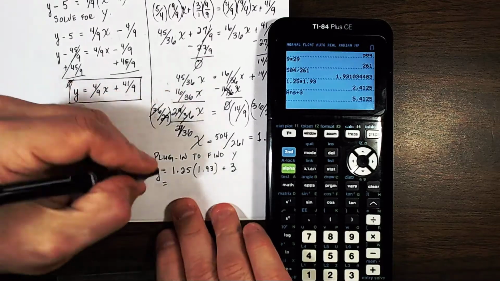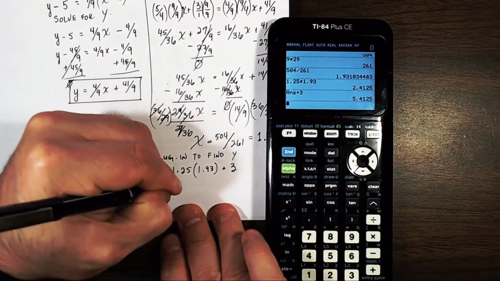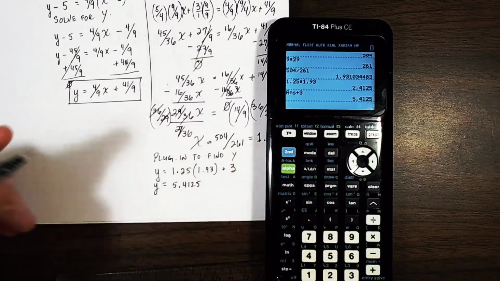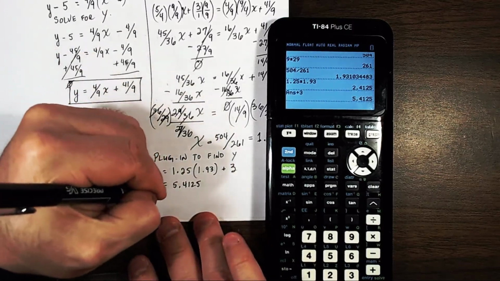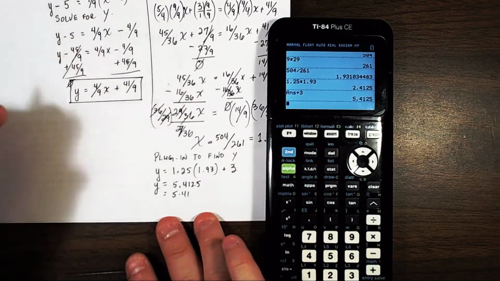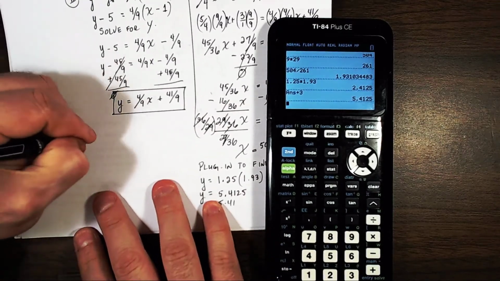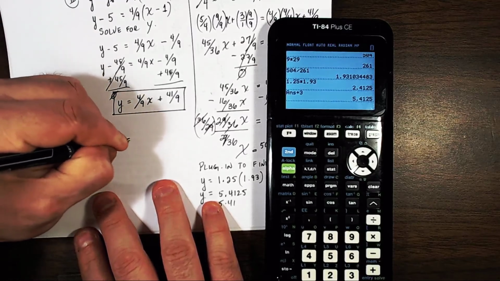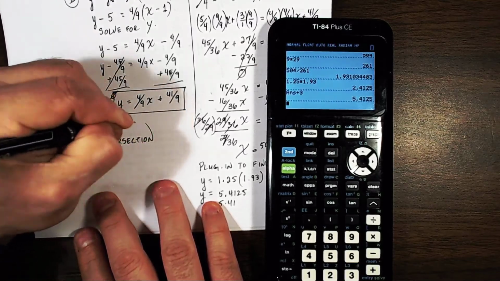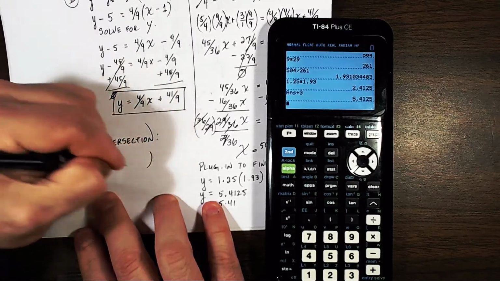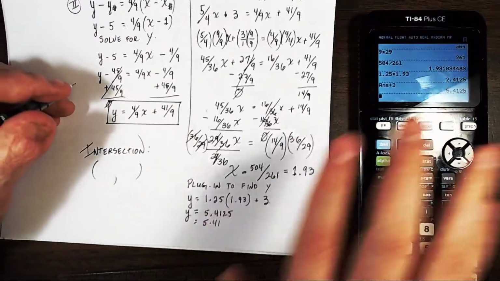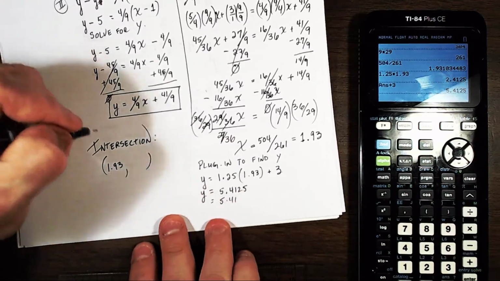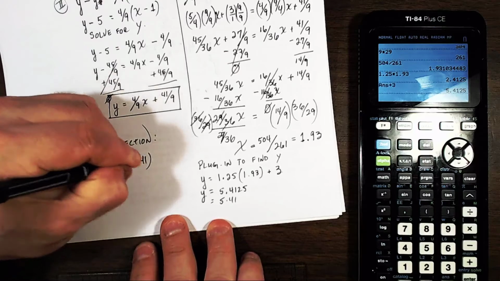And we see that y equals 5.4125, okay, which we'll just round to 5.41. So my x and y coordinates, or my intersection, my crash point for this one, is an x and y coordinate, and the x coordinate is 1.93, and the y coordinate is 5.41.